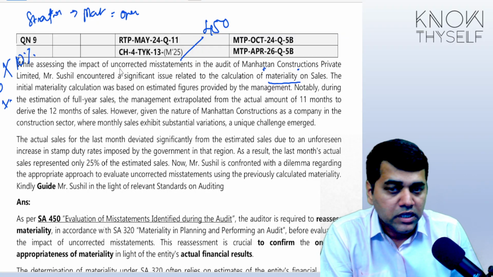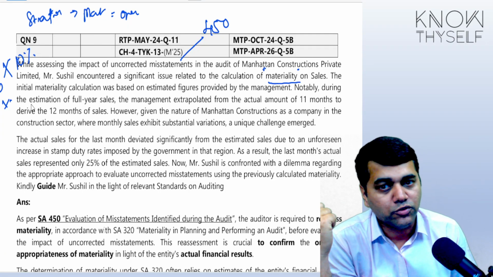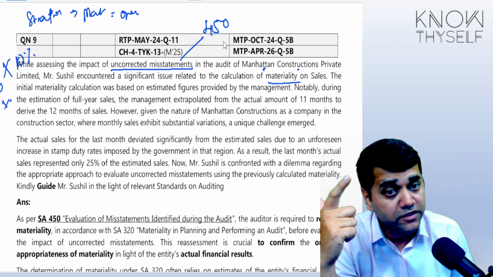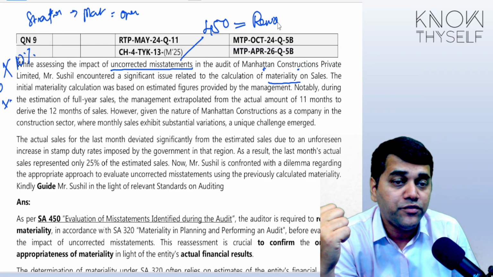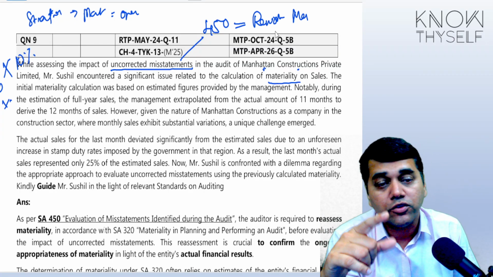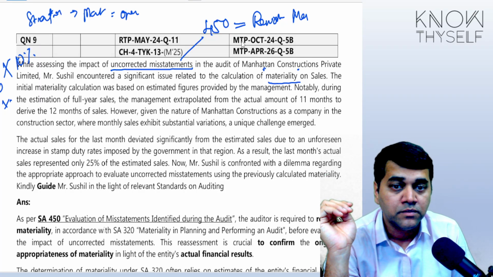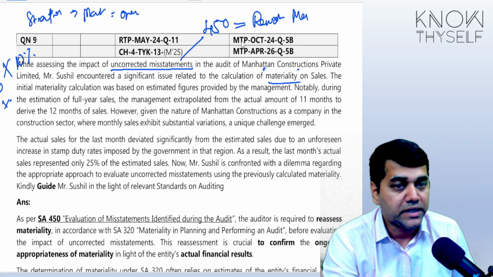Whatever. Now, you get clarity about the actual sales only at the end of the year. That's why when you are evaluating uncorrected misstatements, let's say under SA 450, you may have to revisit the materiality because your original materiality was based on last year's figures or estimated figures. Now you have actual figures, so again you calculate the materiality.